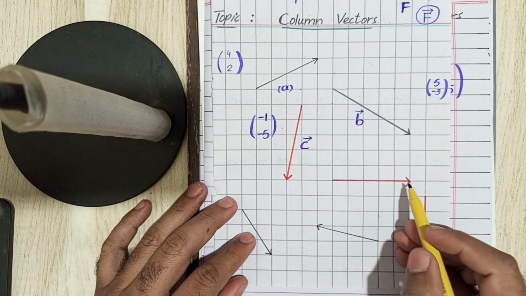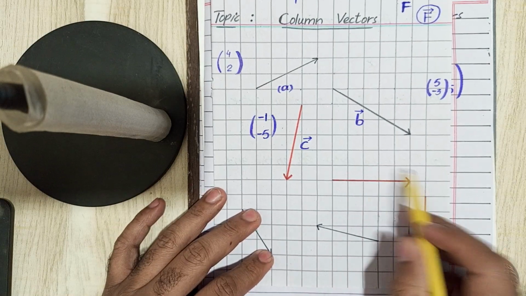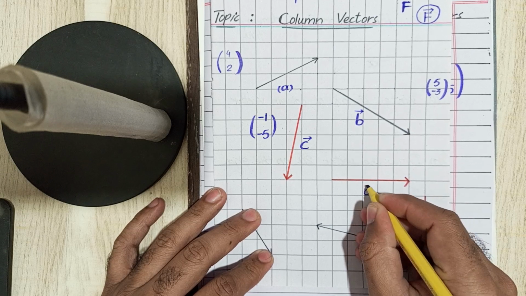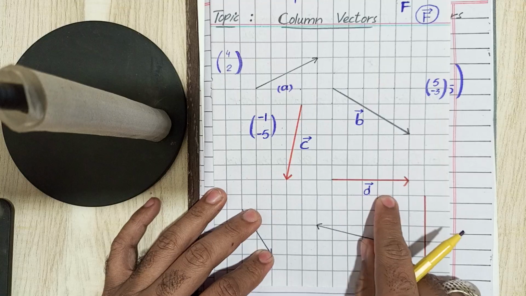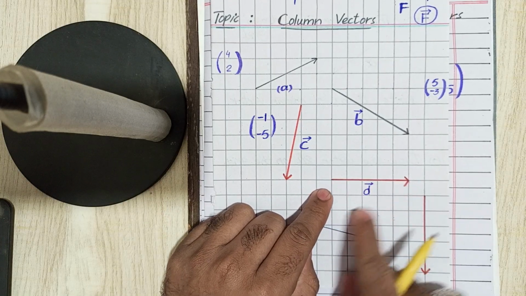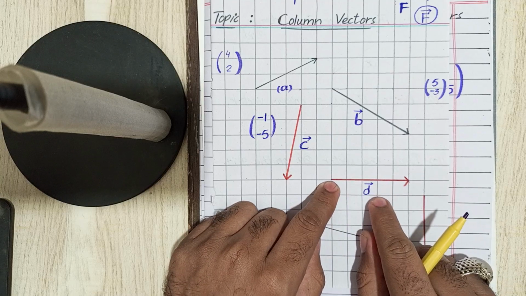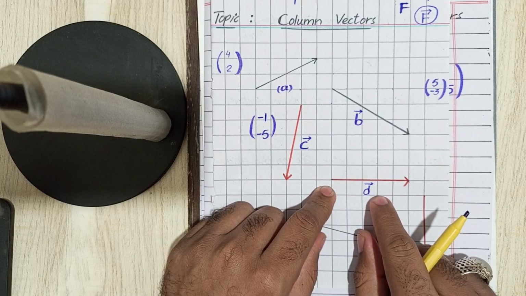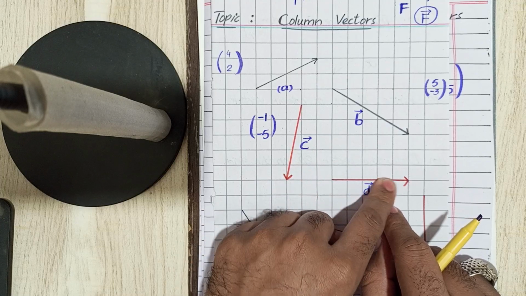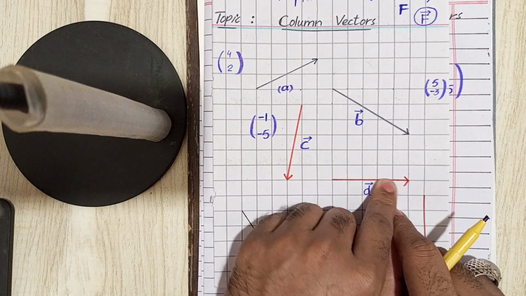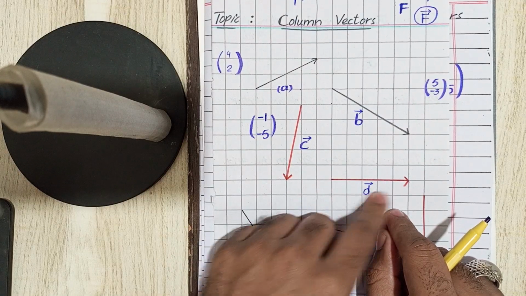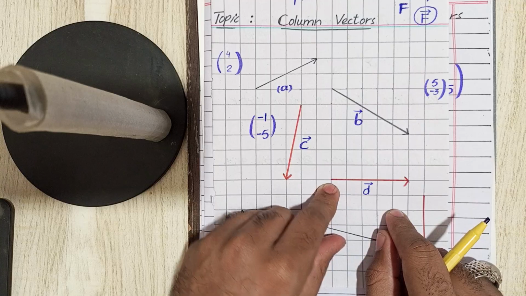Now our next vector, let's suppose its name is vector d. This vector doesn't move in the upward or downward direction. So it means on the y-axis this vector is 0.